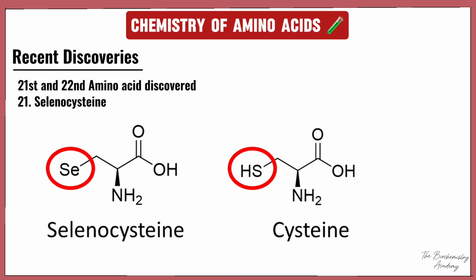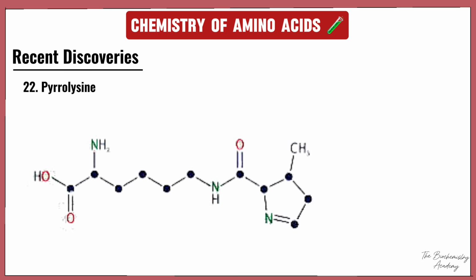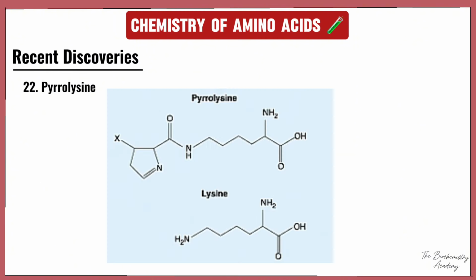The 22nd amino acid, which is called pyrrolysine, is encoded by the codon UAG. Don't worry, in our next video you will understand what this codon means in protein synthesis. Pyrrolysine is similar to lysine, but with an added pyrroline ring that is linked to the end of the lysine side chain.